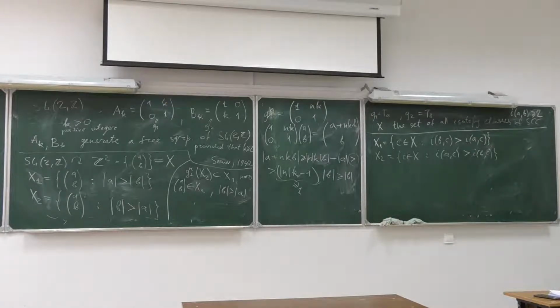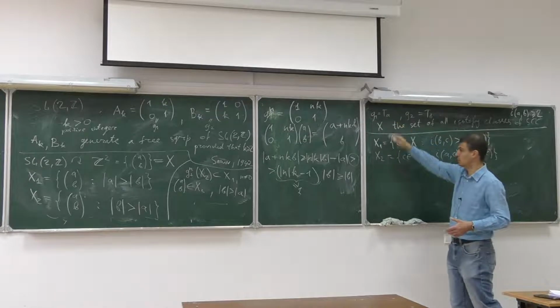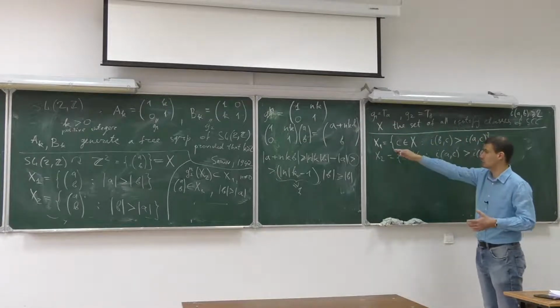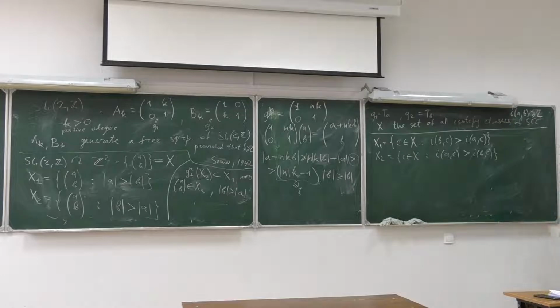Okay, let us check. Of course, the whole mapping class group, and hence these two elements, also act on X. And these two sets are non-empty and disjoint.